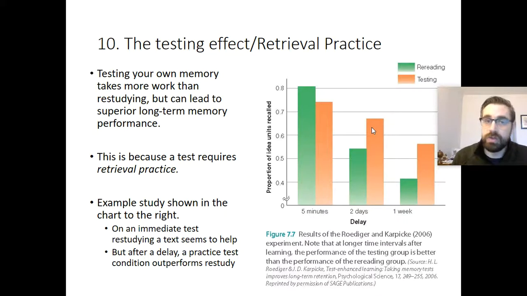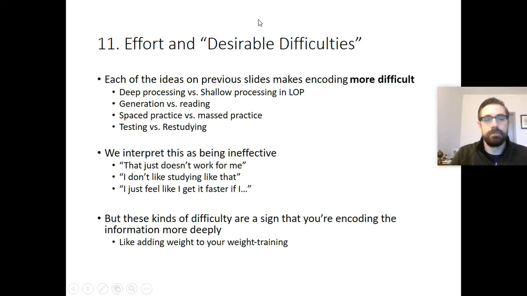This is why you take practice quizzes. This is why you do things like mastery training, right? Because they require you to practice taking a test, which should help you down the road. One way to kind of tie these together, okay, is by a term that's been used called desirable difficulties.